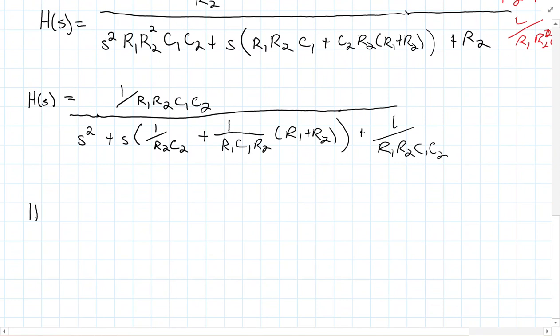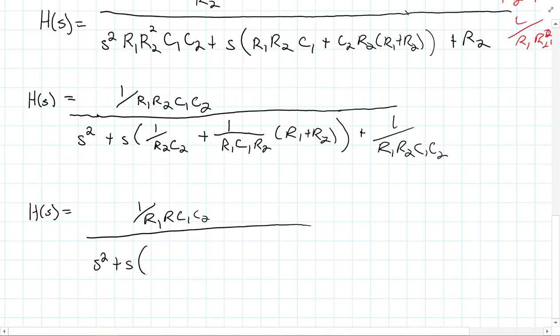And we wind up with a transfer function of 1 over R1 R2 C1 C2 divided by S squared plus S times 1 over R2 C2 plus, okay, well then this R1 is going to cancel out with that, so you'd have 1 over R2 C1, and then the R2 is going to cancel.